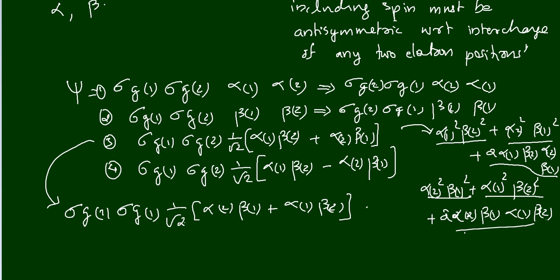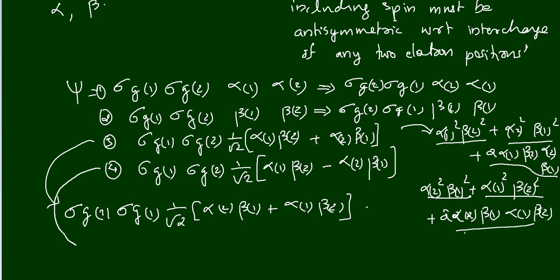Is there any change? This part, sigma g1 sigma g2, is the same. Then 1 by root 2, only the order is changed. This is alpha 1 beta 2 plus alpha 2 beta 1. Here also, it is alpha 1 beta 2 plus alpha 2 beta 1. Nothing happened. The sign is not changing. The function remains the same. So that is also not anti-symmetric.